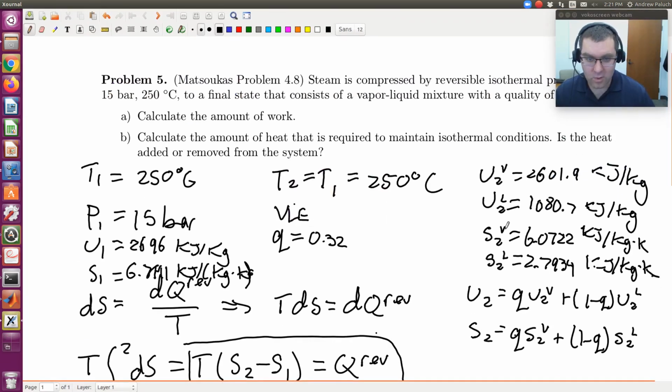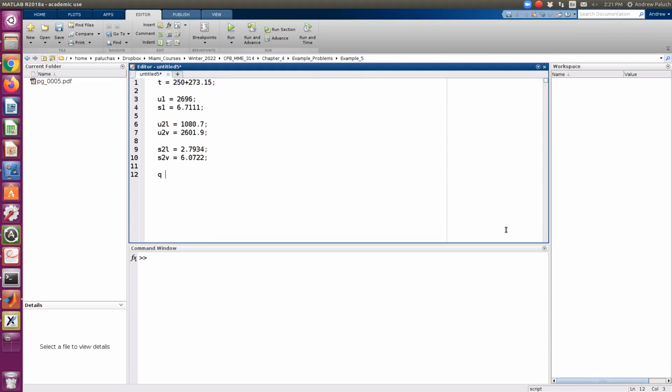And then I just need the quality, which is 0.32. So to calculate U2, U2 is going to be the quality times U of the vapor plus 1 minus the quality times U of my liquid. S2 would be the quality times S2 of my vapor plus 1 minus the quality times S2 of my liquid.